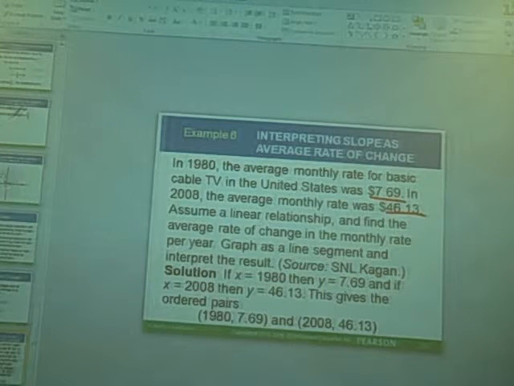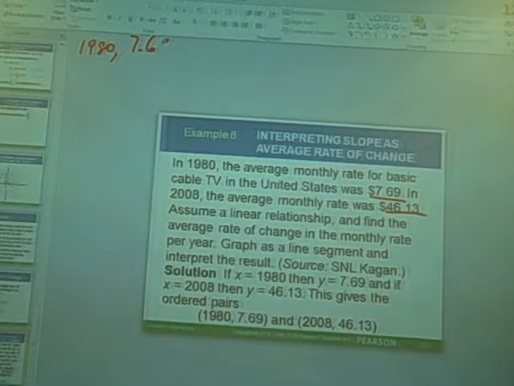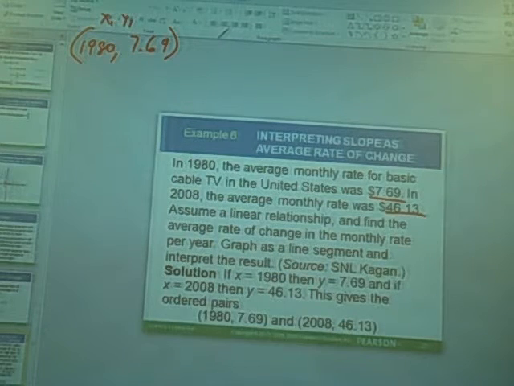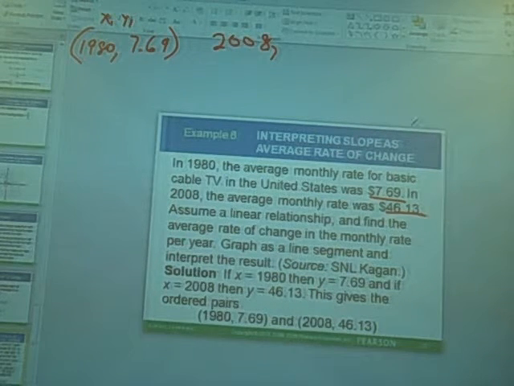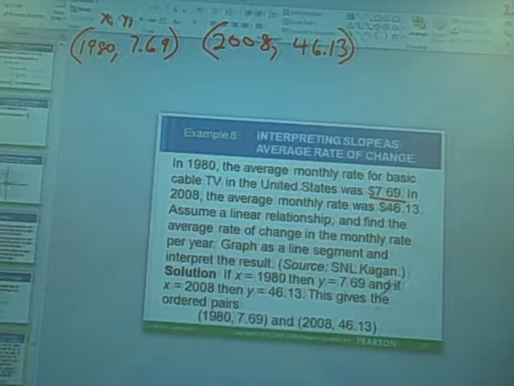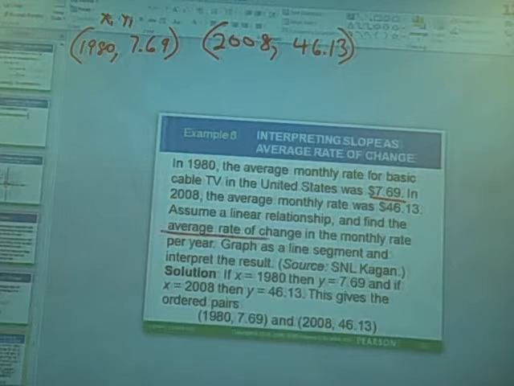So basically what we have here is 1980, $7.69. That would be your x1, y1. And then in 2008, it's $46.13. Assume a linear relationship and find the average rate of change.